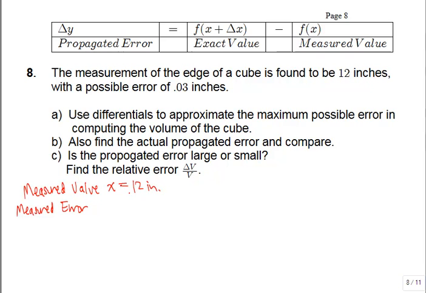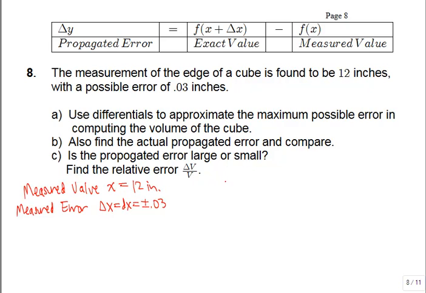So the true actual measurement of the edge of the cube is plus or minus 0.03 from 12 inches. I could be as far off as adding 0.03 or subtracting 0.03 on either side of 12. So this is what our delta x, or our dx, is going to be, and it could be either plus or minus 0.03. We could have measured incorrectly in either direction. So that's our delta x. Our good x, our measured x, is the 12.